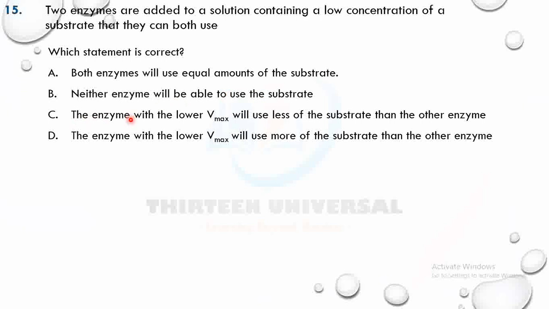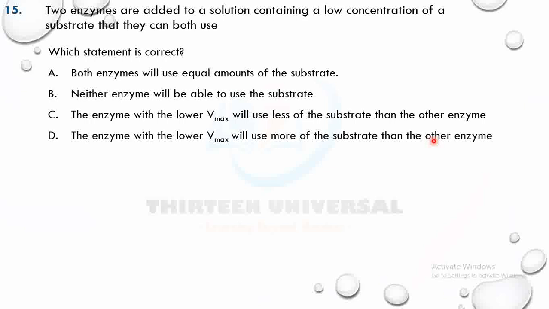C says the enzyme with low Vmax will use less of the substrate than the other enzyme. Is this correct or wrong? Then D says the enzyme with low Vmax will use more substrate than the other enzyme.